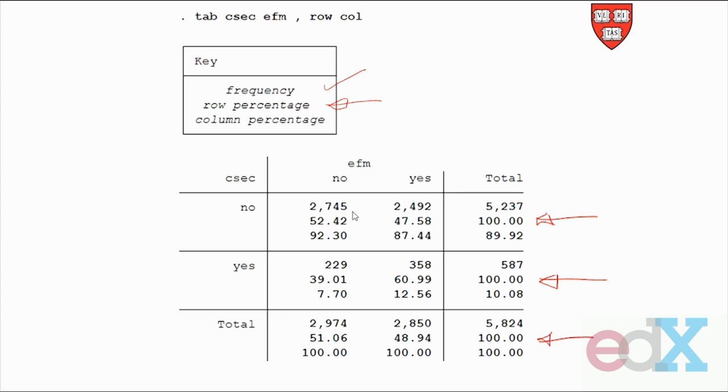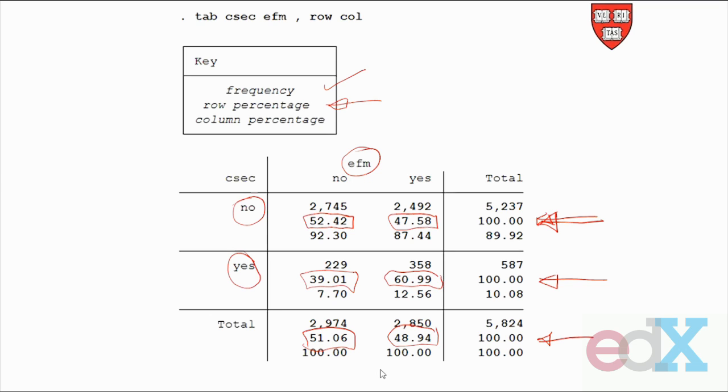So, for example, 52.42% of the no C-section group did not have EFM. 47% did have. That has to add up to 100. Of those who did have a C-section, 39% did not have EFM exposure, 61% did, for a total of 100. So overall, 51% did not have EFM exposure and 48.94% did. This should be roughly 50-50 by design.